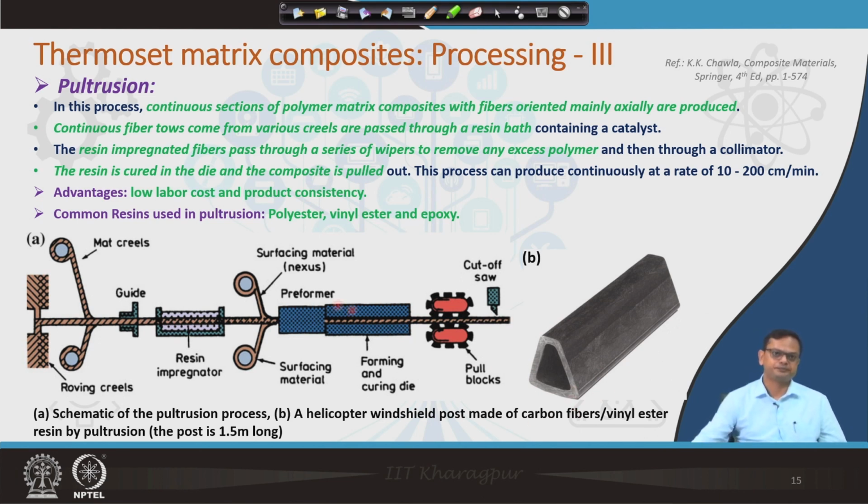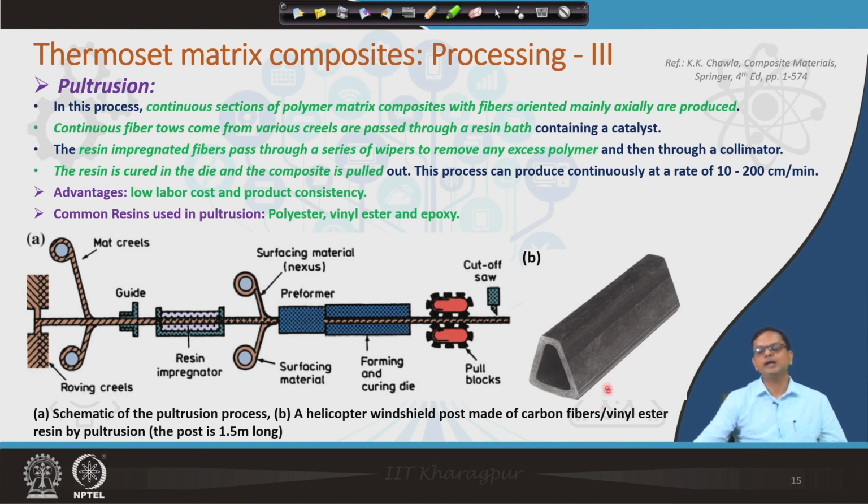So, what is done here? There will be creels of fibers, different fibers. In the creels we have the different fibers being rolled, and then these fibers go through a guide, and then ultimately go through a resin bath and get impregnated, that means they take the resin along with them. There will be sizing treatments, which basically wipe away the extra amount of resin, and then finally it goes through a die, and in that die it gets cured.